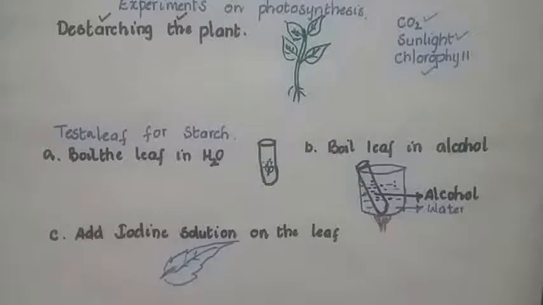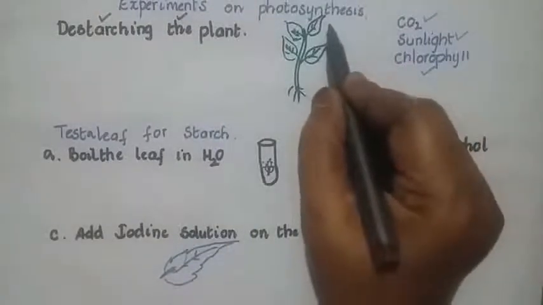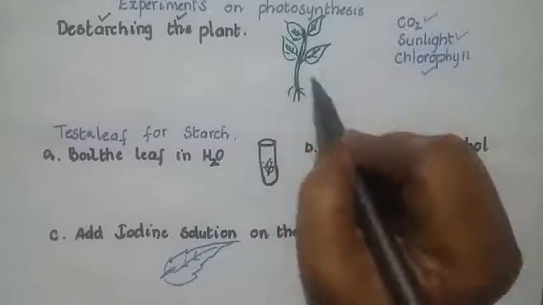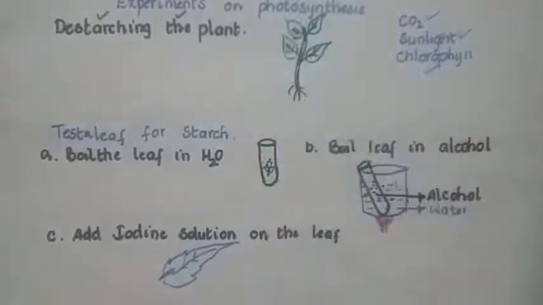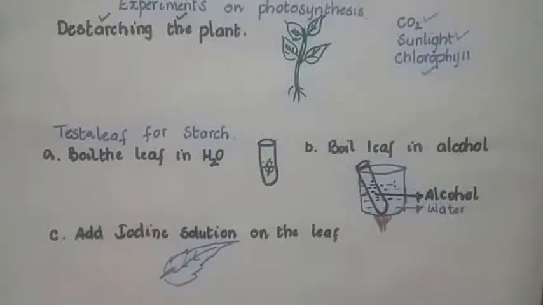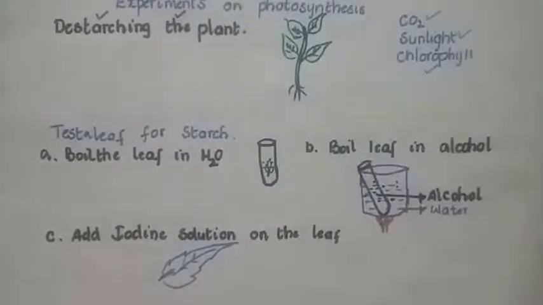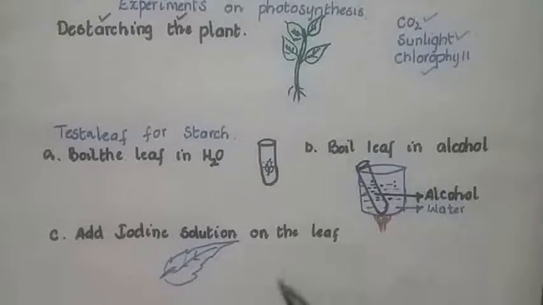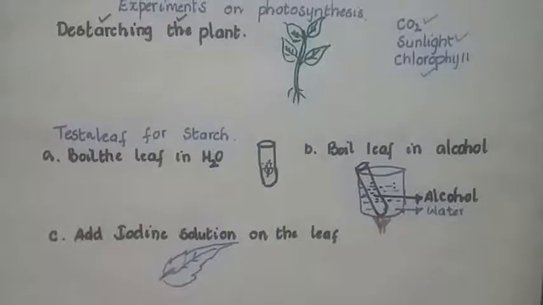It means removal of starch. From where to where? You're going to remove the starch from leaves to the other parts of the plant, so that you want the leaves to be free from starch, so that on the following day you're going to expose this plant to the sunlight, and then you have fresh glucose synthesized which is converted into starch, and then you're going to perform the starch test.